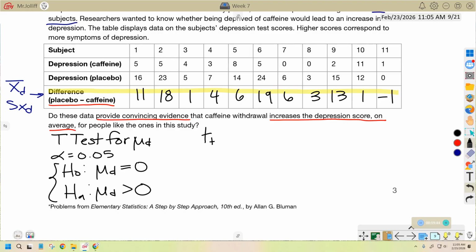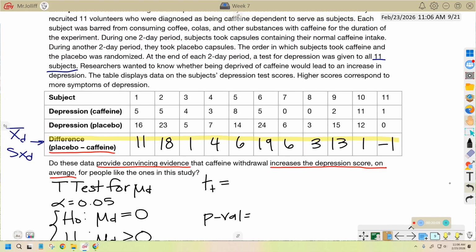So test statistic, p-value, make a decision. We should perform our checks. Checks are important so that I know those values are valid. First check is random. So anywhere in that question, did they mention random sampling or random assignment? And I see nodding.